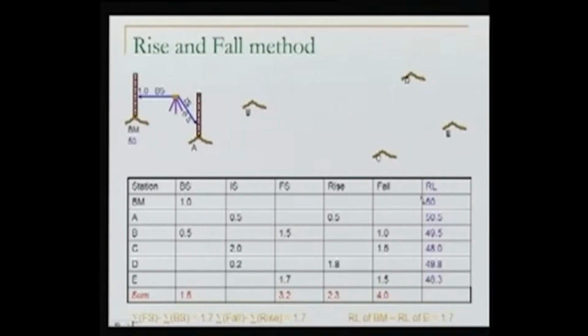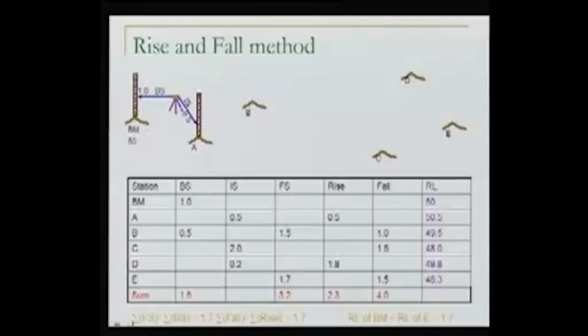Now, at this point, if the backside is 1.0 and the intermediate side is 0.5, then what is the relative RL of these two points, the benchmark and A? What is the relative difference between these two? The important thing in this case is we are trying to compare the relative heights of the points. We have taken a backside at the benchmark. Now we are taking an intermediate side at point A.